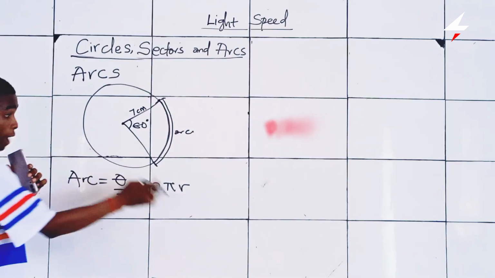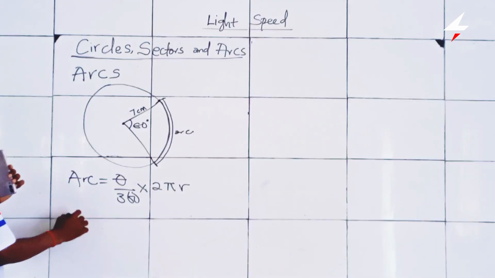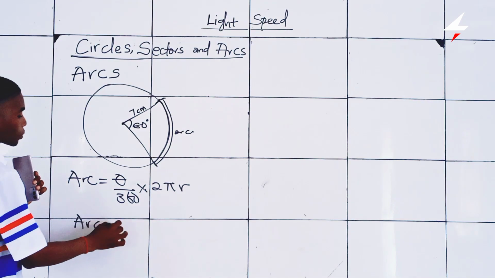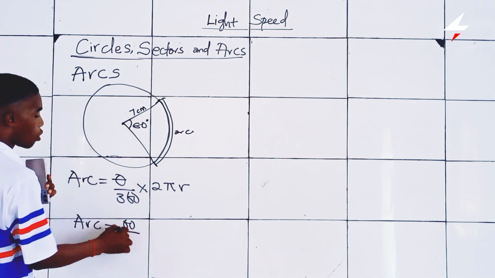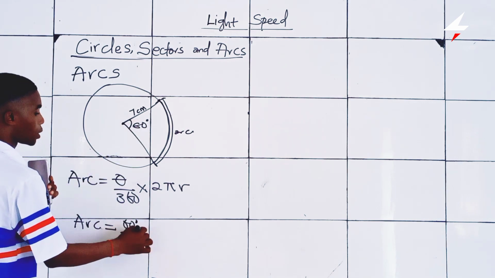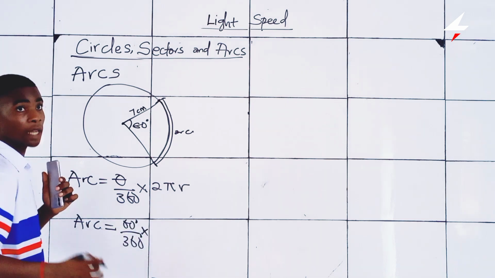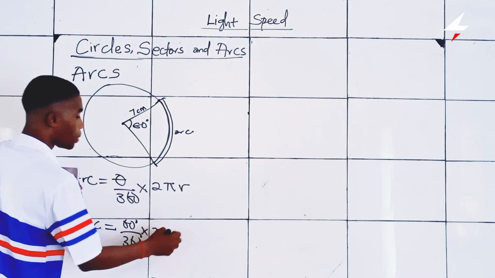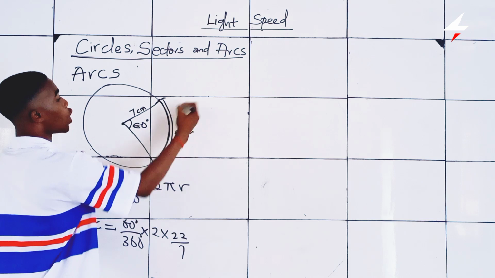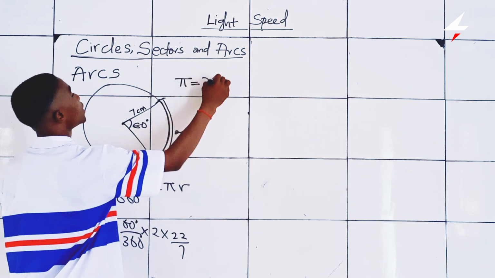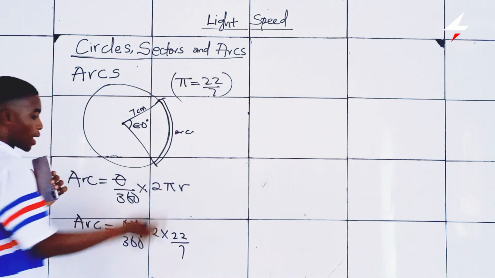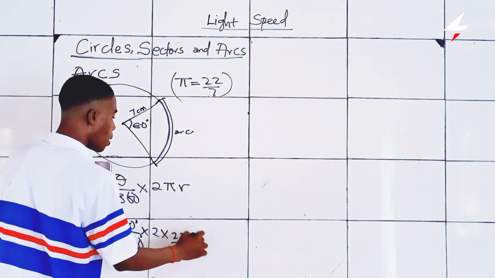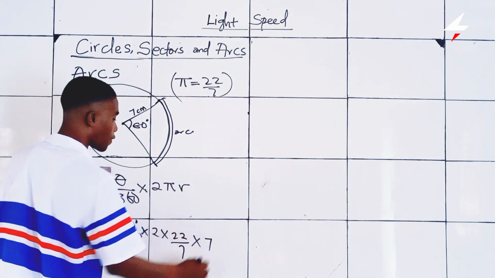We don't have a square here. So the arc will give us 60 over 360 degrees multiplied by 2, multiplied by 22 over 7, because we know the value for pi is 22 over 7. Everybody should know that. Then by the radius, which is 7.